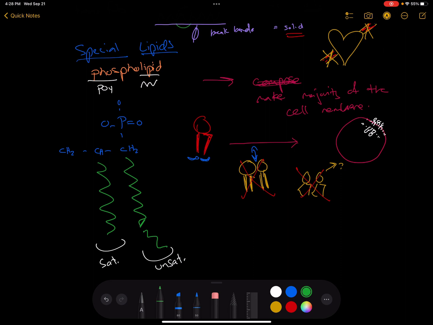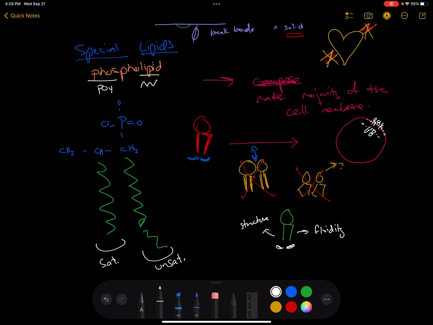But the structure that works best is one with a straight or saturated tail and then one with an unsaturated tail. Because this saturated tail is going to give it some type of structure, some type of form, and then the unsaturated tail is going to help with fluidity.